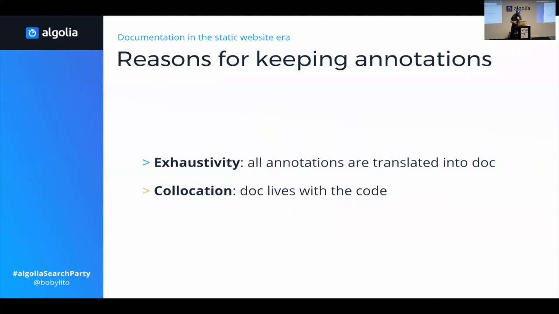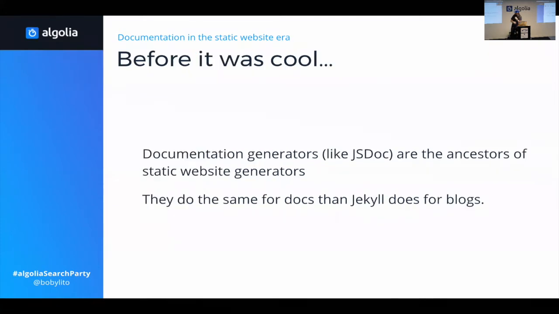So an interesting point about documentation generators is that they are actually static website generators. They are the ancestors of them. They were created around 20 years ago, back at the beginning of the internet. So remember the website from the previous presentation?